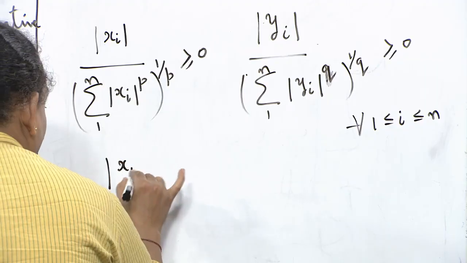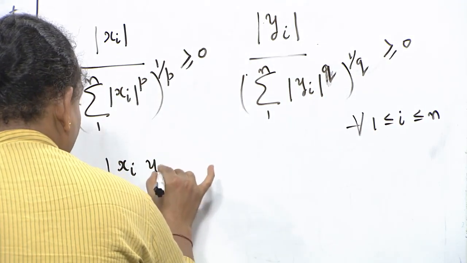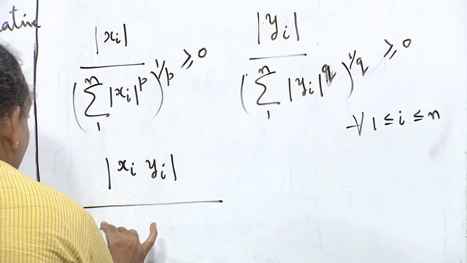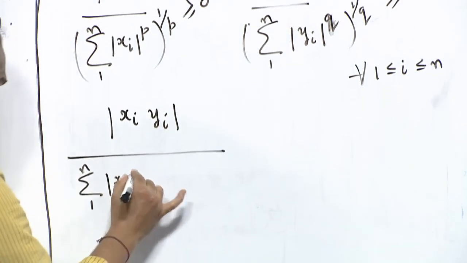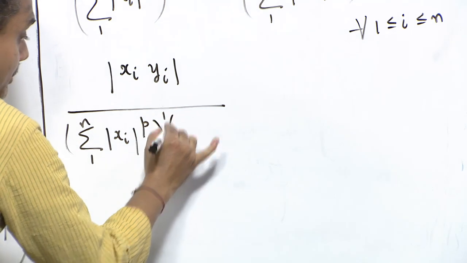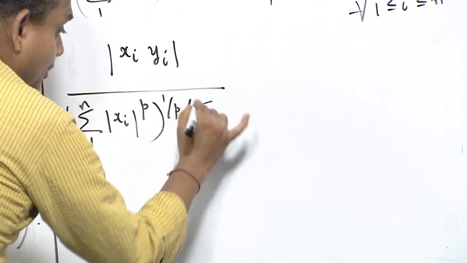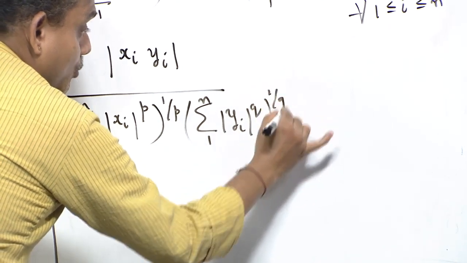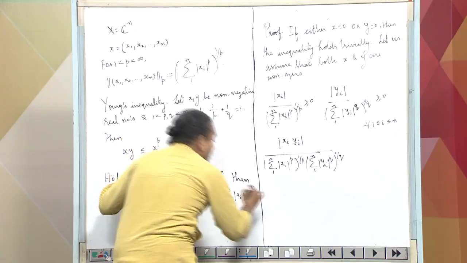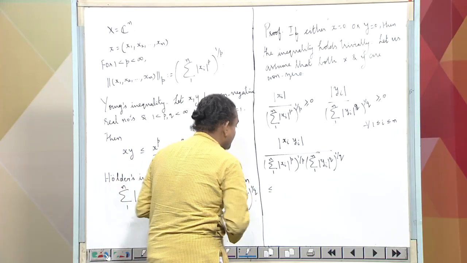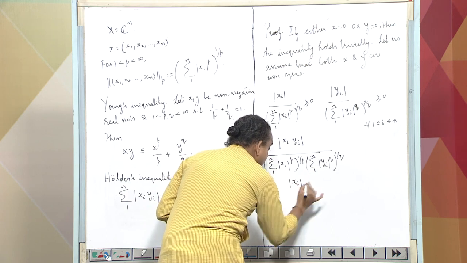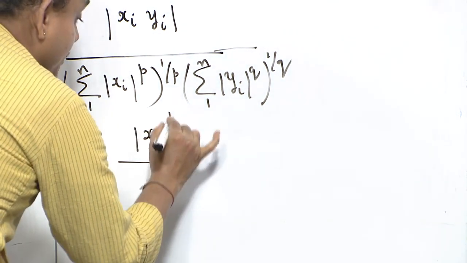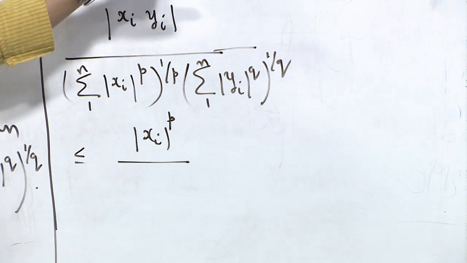You will have mod xi times mod yi, which is the same as mod xi yi, upon the summation from 1 to n of mod xi raised to the power p, whole raised to the power 1 by p, times the summation from 1 to n of mod yi power q, whole raised to the power 1 by q, less than or equal to x raised to the power p, so mod xi power p, and in the denominator you have power 1 by p.